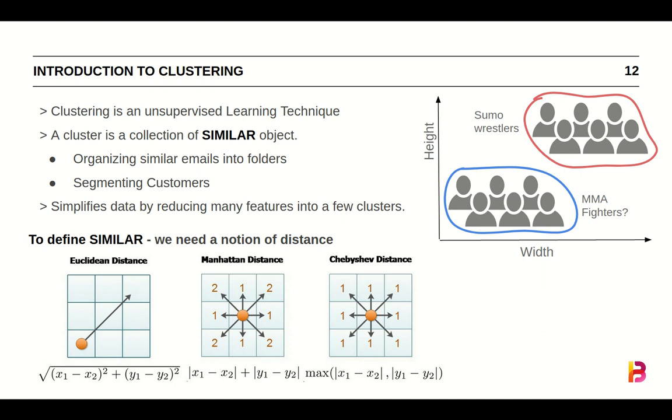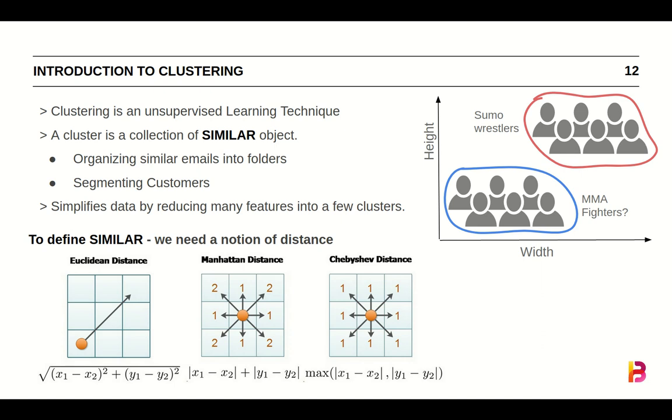Instead of using all the features, we can represent the data as just two groups. So we have straight away simplified the entire data set by assigning groups to it. This is the broad way in which clustering helps us.